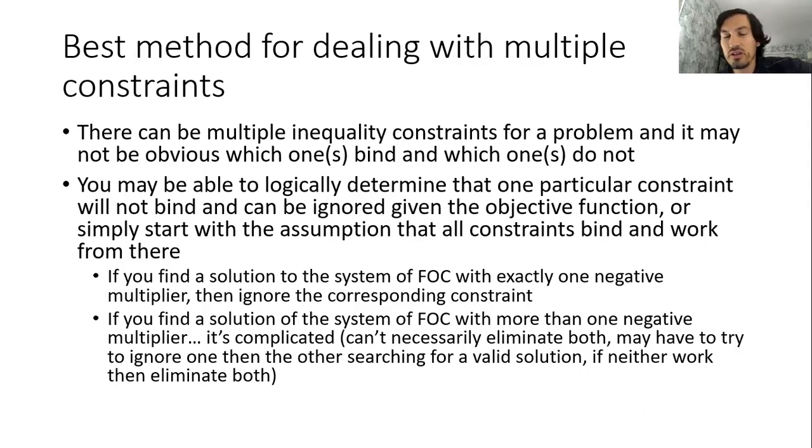Well, you can do whatever you want, but my suggestion is, use some method where maybe you start with assuming that they all are binding. See what happens. If you get to a point where one of the lambdas is negative, you're like, well, okay, let's choose that constraint, the one with the negative lambda, and set it equal to 0, and then continue on with the problem.